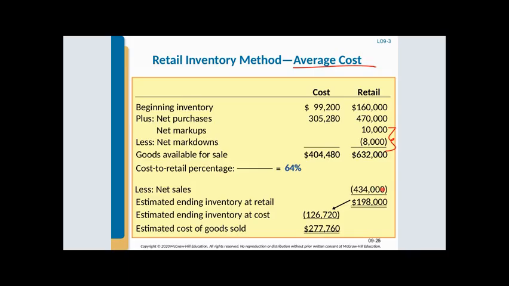We take our net sales at retail, subtract it from our goods available for sale at retail, to arrive at our ending inventory at retail, and then multiply that 198,000 by the 64% to arrive at our ending inventory at cost. And then we have our estimated cost of goods sold at cost.